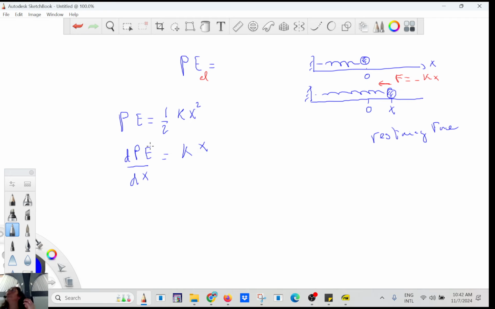And that will be true for any kind of potential energy, including gravitational potential energy. So each time you have potential energy, there is a restoring force that wants to bring the system to the lowest energy state possible.